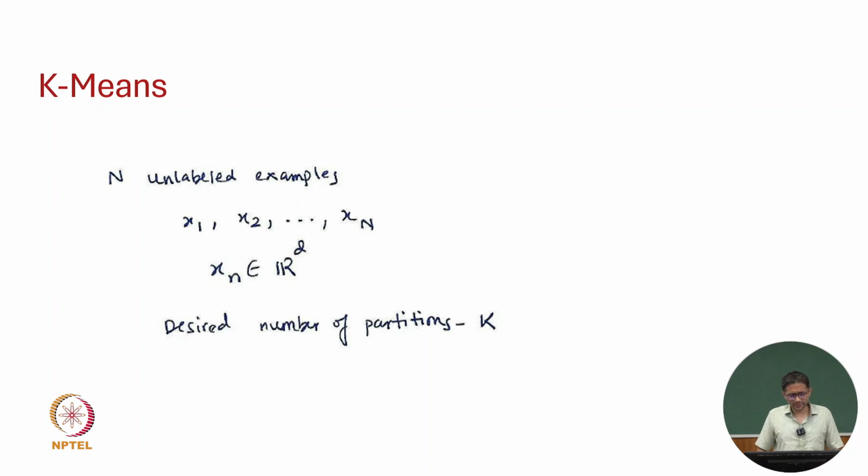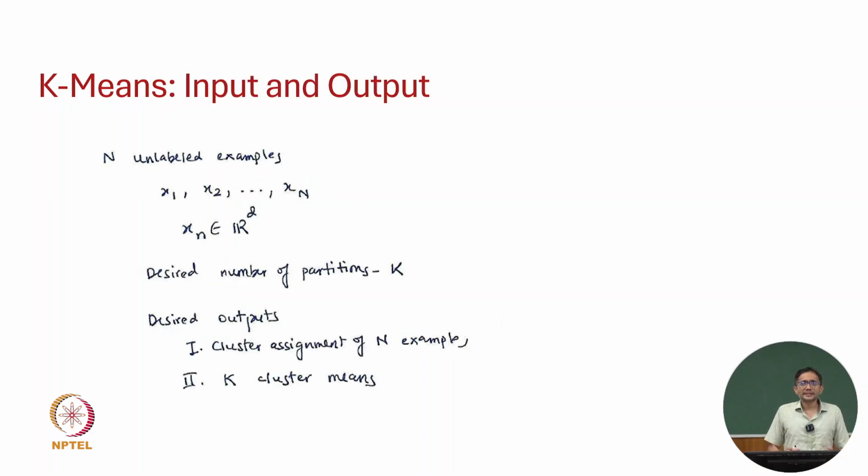So we have these n data points, each of them from a d-dimensional real vector space, and we want to group them into k clusters. To do this, first let us understand what the desired outputs are.